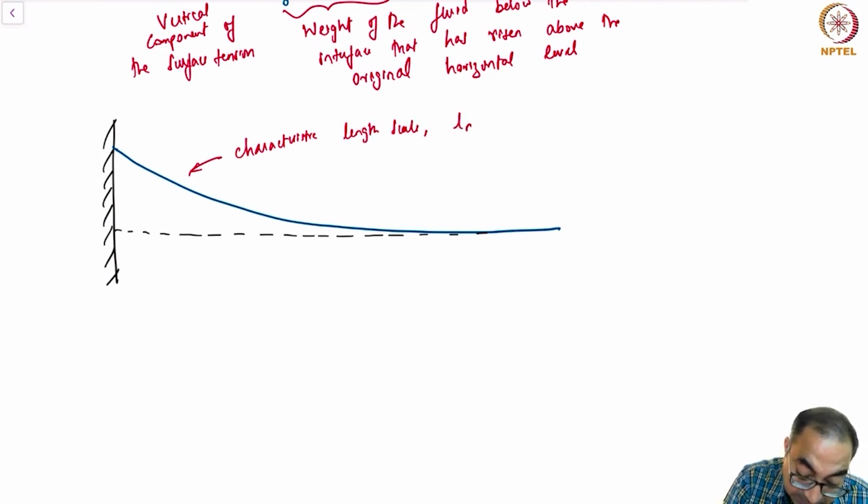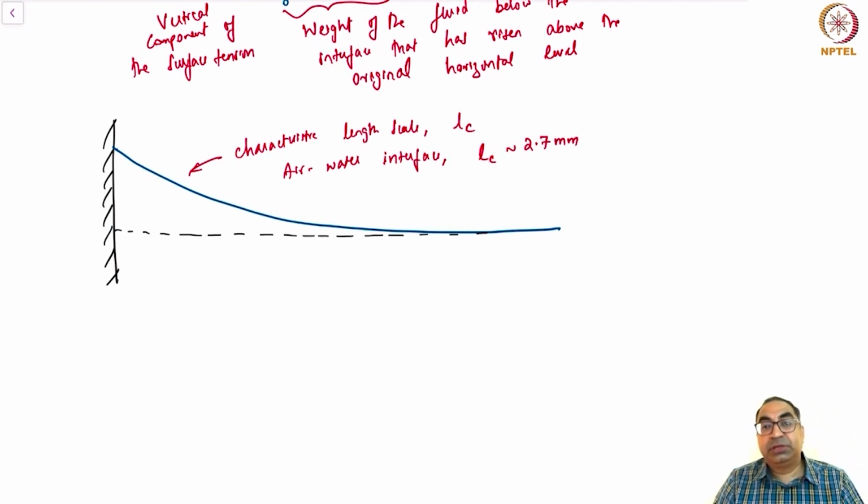The characteristic length scale is LC, and for an air-water interface, LC is about 2.7 millimeters. So next time you dip a straw into a glass of water, notice the little bend that you see around the straw, and the typical length scale of that bend would be a few millimeters. That's because the characteristic length scale is the capillary length, that is 2.7 millimeters.